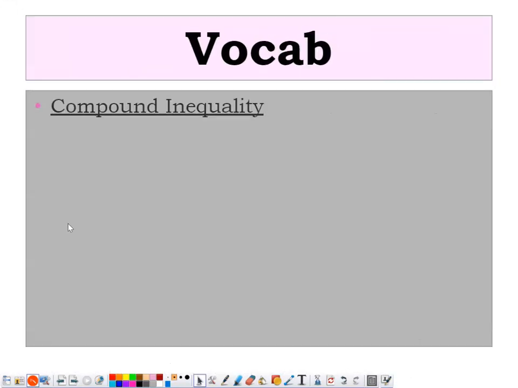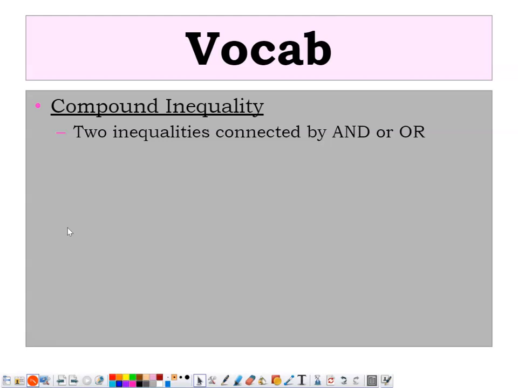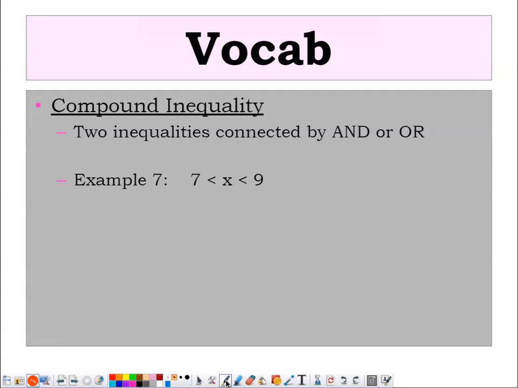So here's some vocab. A compound inequality is two inequalities connected by the word and or the word or. So we have this example here: 7 is less than x is less than 9. That is technically an and statement. This is equivalent to this saying right here: x is greater than 7 and x is less than 9.